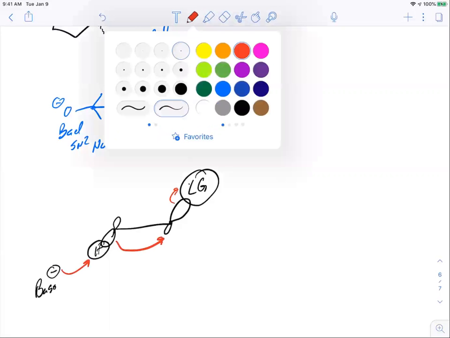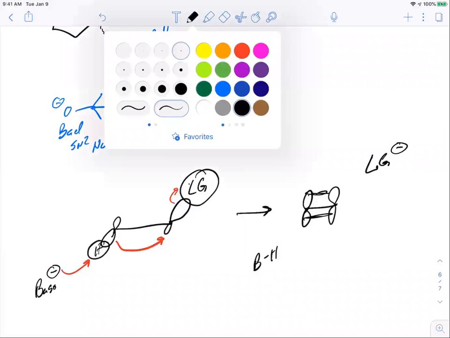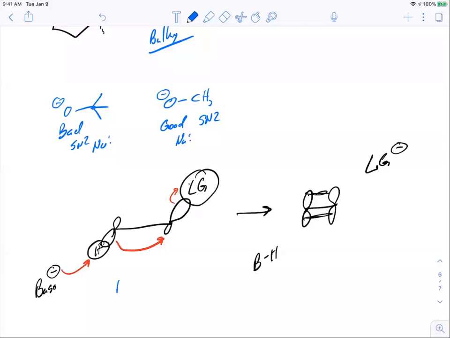What the result of that is, right, is now I've converted both of those to p-p overlap, right? And I have my base and I have my leaving group. So therefore, this arrangement is called anti-periplanar.